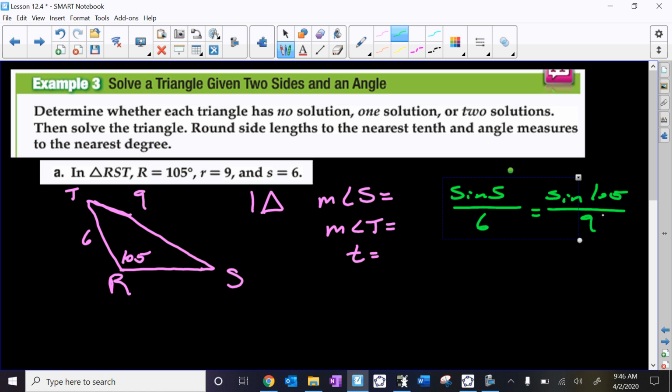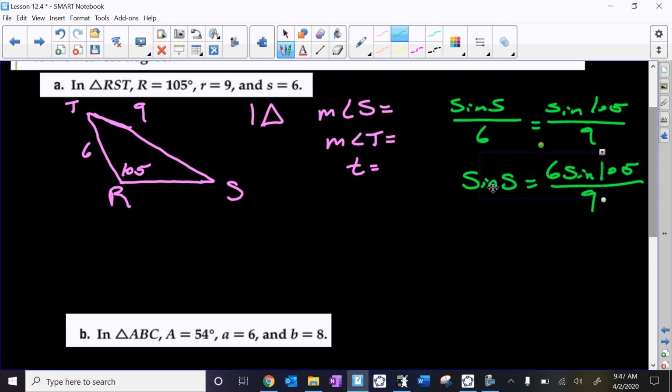You can cross multiply if you want, or since your variable is S in this case, I'm going to get rid of 6 by multiplying by 6. So I have sine of S equals 6 sine of 105 over 9. And then to get sine away from S, I'm going to take the inverse on both sides. So sine inverse of everything that we see over here.